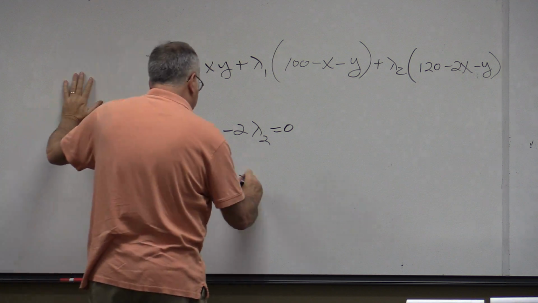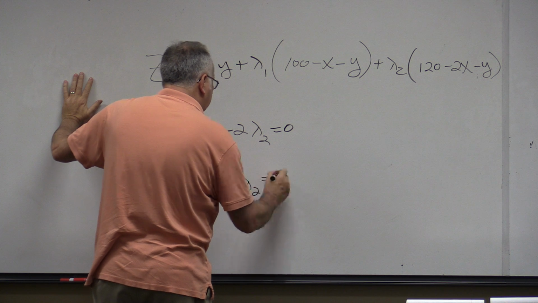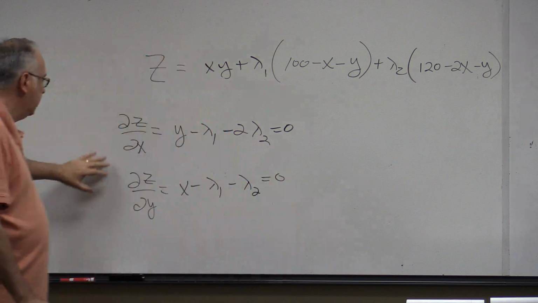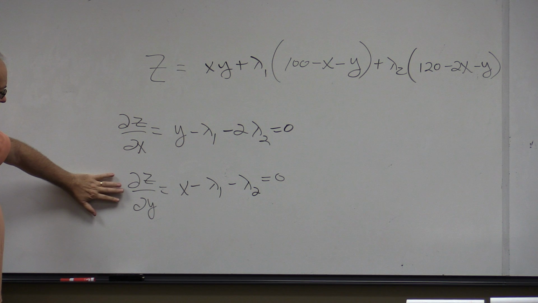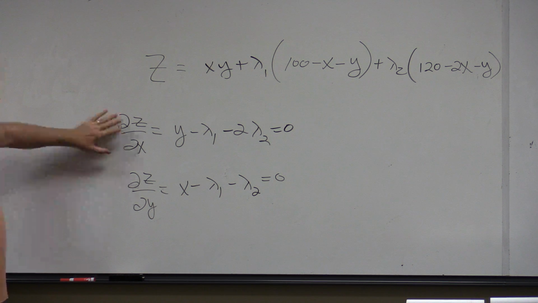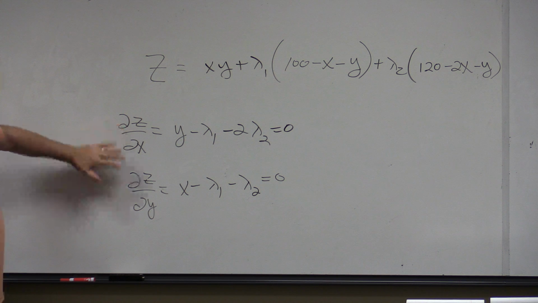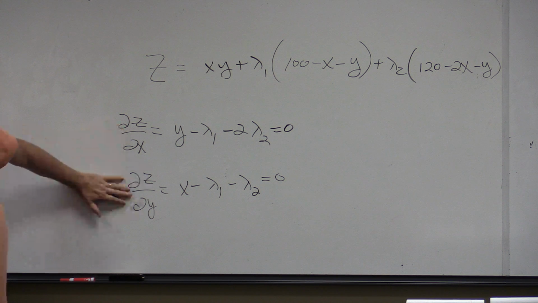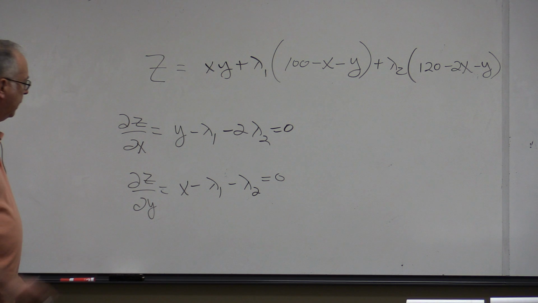Right. And let's assume that is 0. In other words, let's assume the value of y is not 0. That's all we're assuming. This means the value of x is not 0, and the value of y is not 0. We don't have a corner solution.